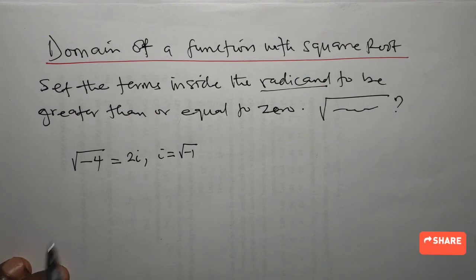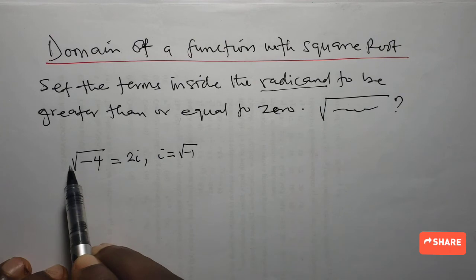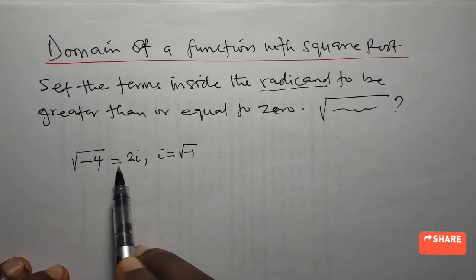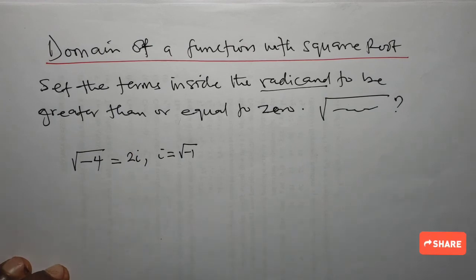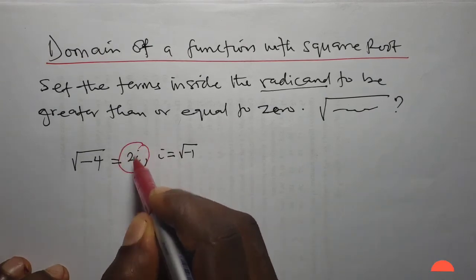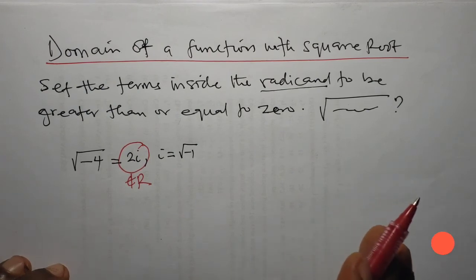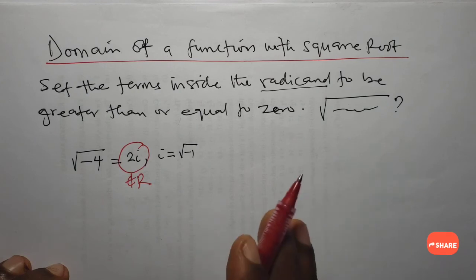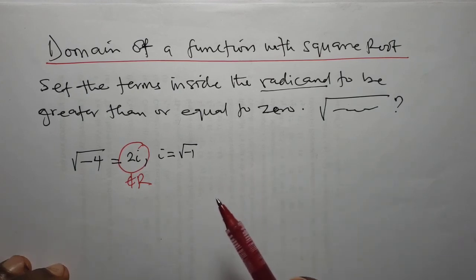We observe that when we have a negative number inside our radicand, the value that comes out is 2i, and this value 2i is not a real number. But we had defined in our previous class that the functions we are dealing with in this series of lectures are real valued functions. That is to say, functions that when we plug in real numbers, we get back real numbers.